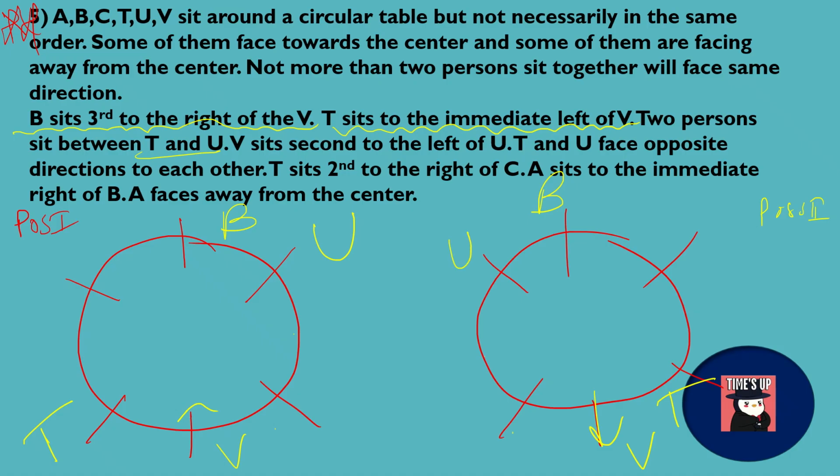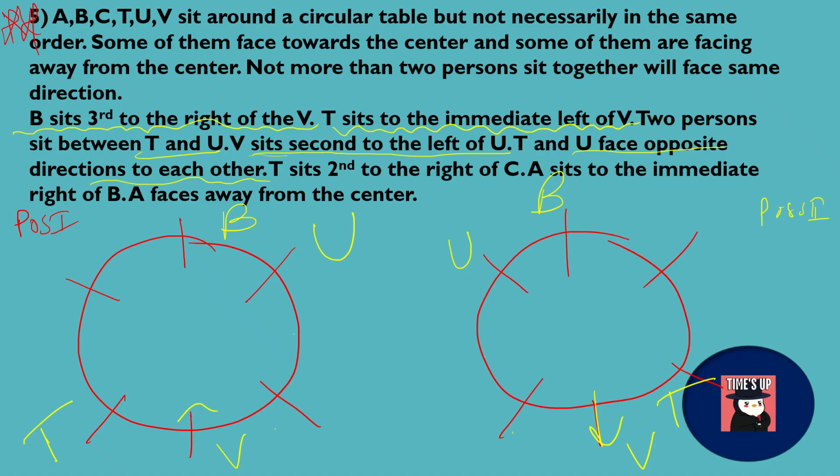Then V sits second to the left of U, they have said. T and U face opposite directions to each other. And V is sitting second to the left of U. So what do you think? Which direction should I make, towards or away?